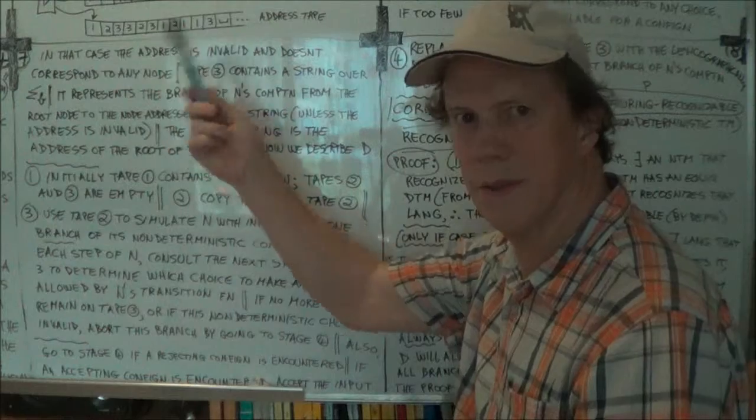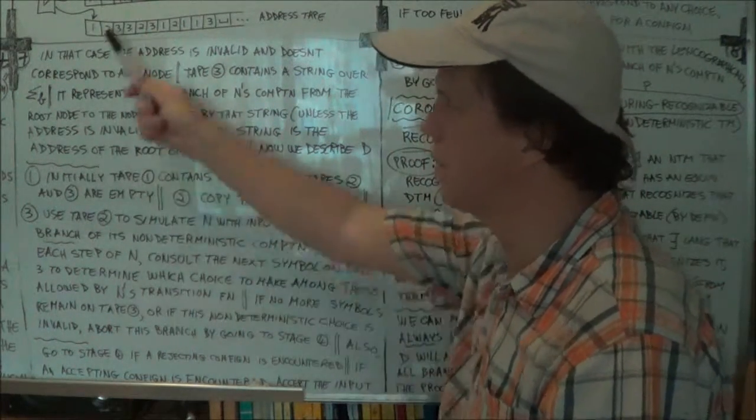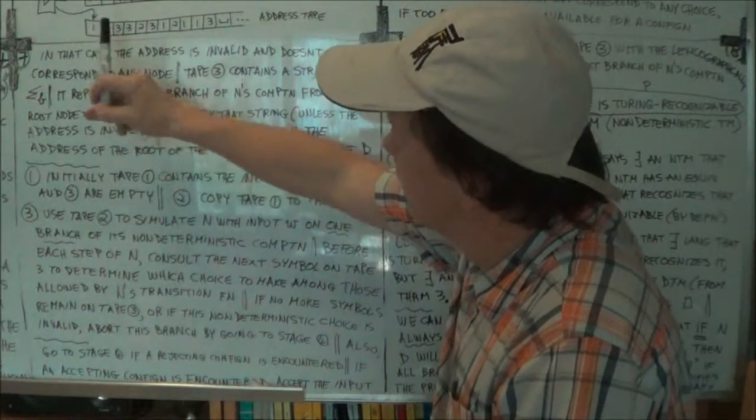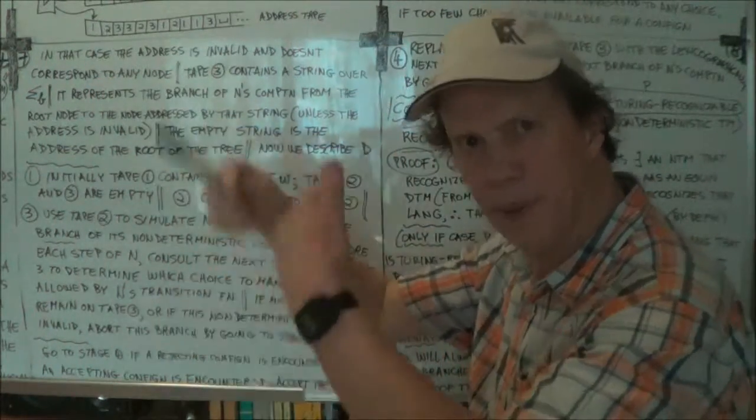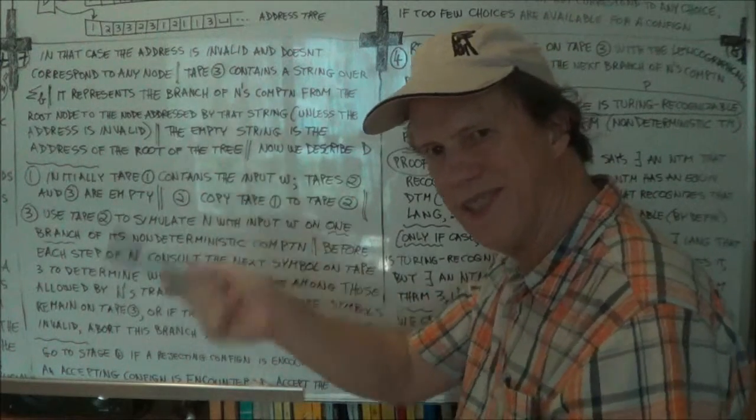If you have letters or something, lexicographic order. But let's keep it simple with just numbers. And so you're systematically counting up. You're ratcheting up the address number systematically.